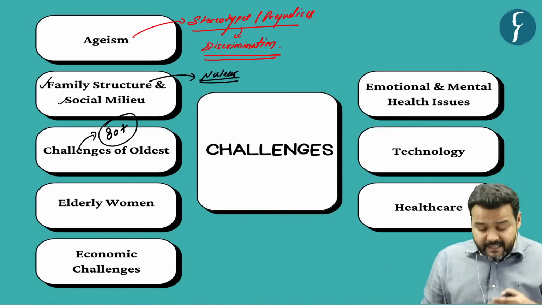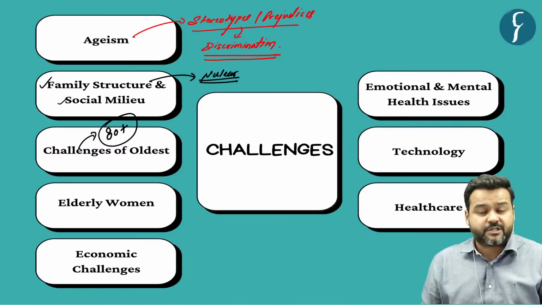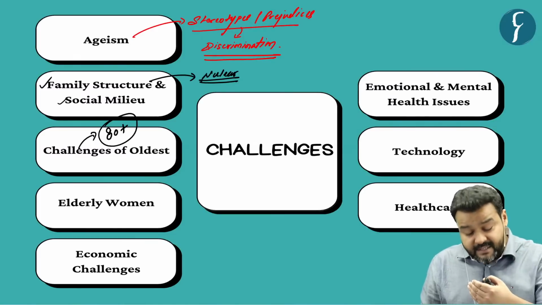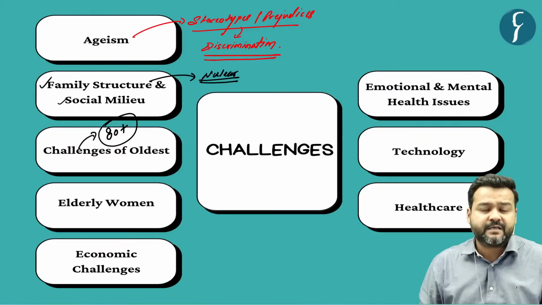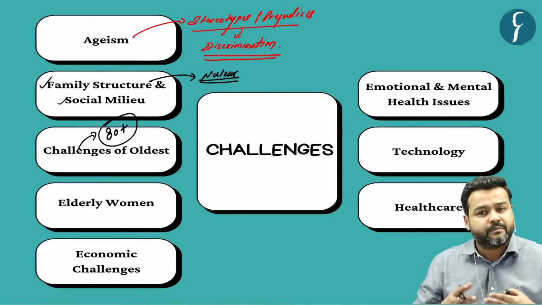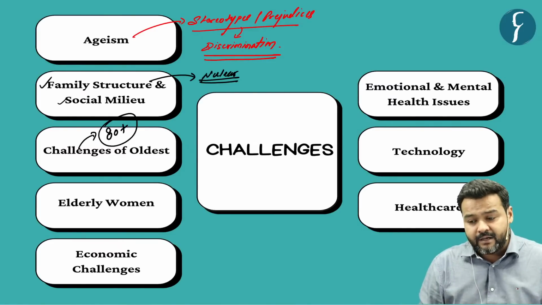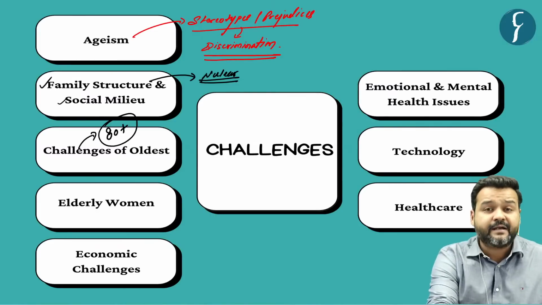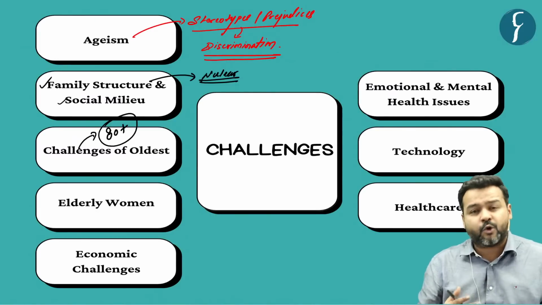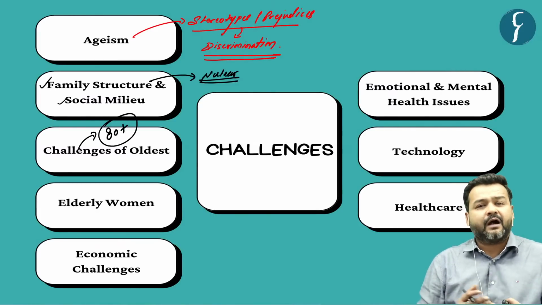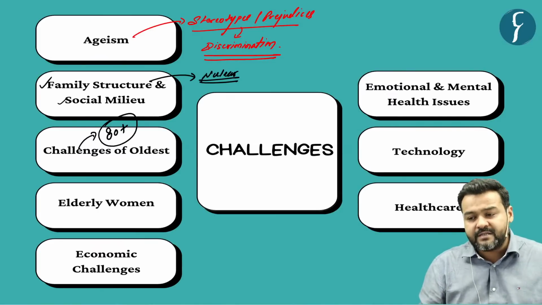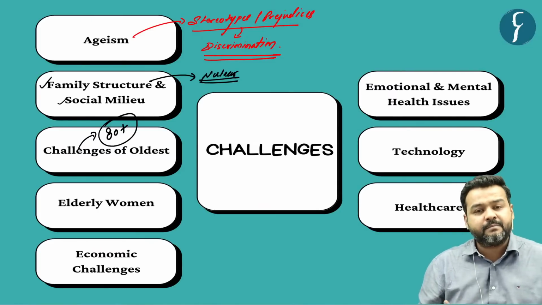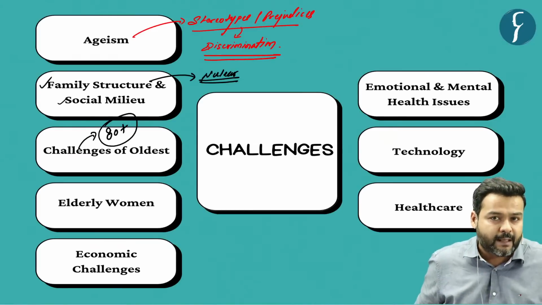But this section of the population faces severe hurdles, or you may say destitution, and most of the time their health issues related to chronic ailments like heart issues, cancer, and diabetes have made them a burden altogether for the families.